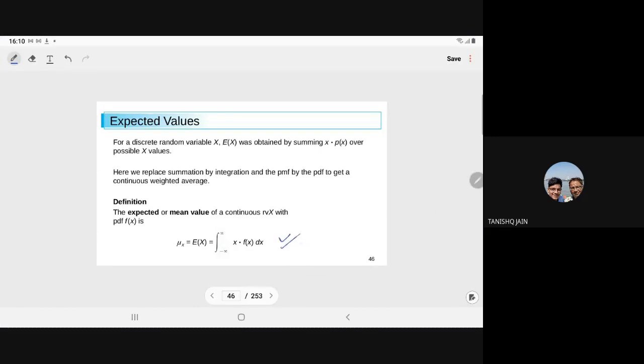So here we have the definition for the mean, and we denote it by mu x. Either we call it the mean or the expected value of the random variable x.